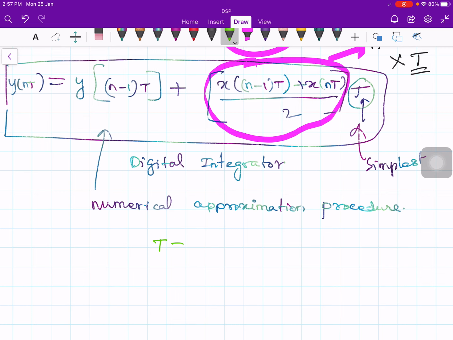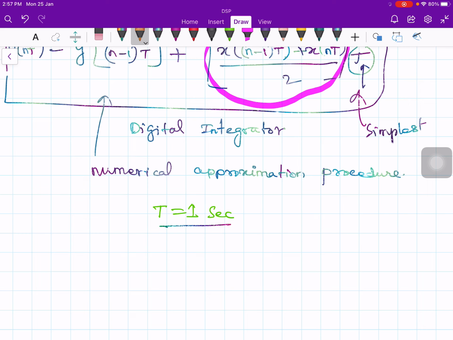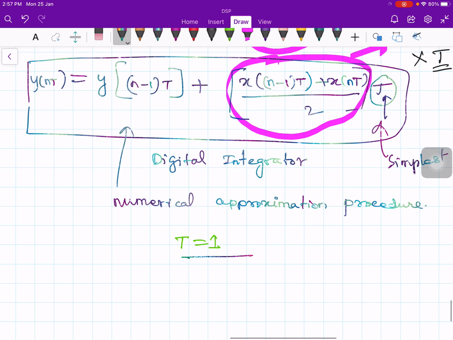Let us assume capital T is equal to 1 unit, normalized to 1, it can be nanosecond or millisecond or whatever it is. So y of n is equal to y of n minus 1 plus x of n plus x of n minus 1, divided by 2.